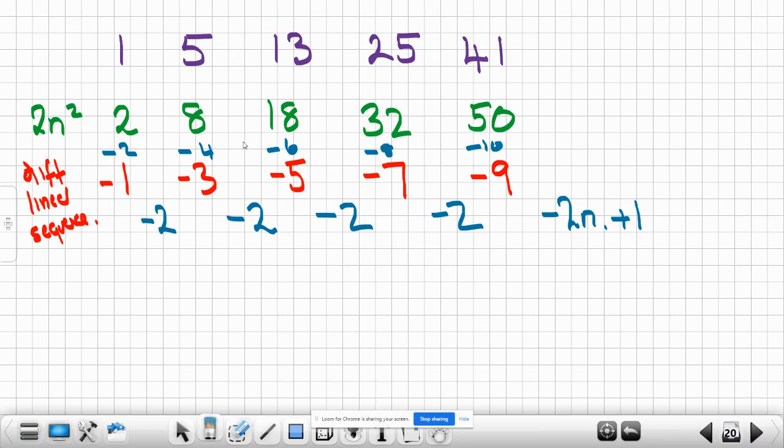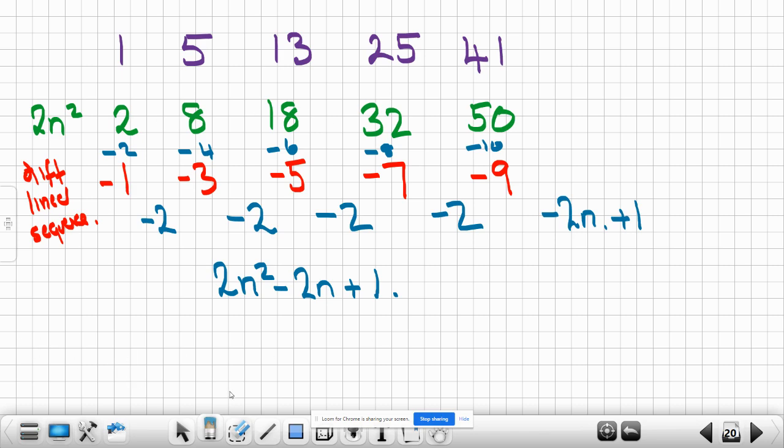And if you look, each time we've got 1 more. So our finishing quadratic is 2n squared minus 2n plus 1. And that is the nth term for that sequence.